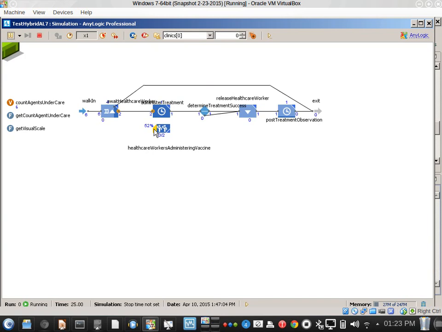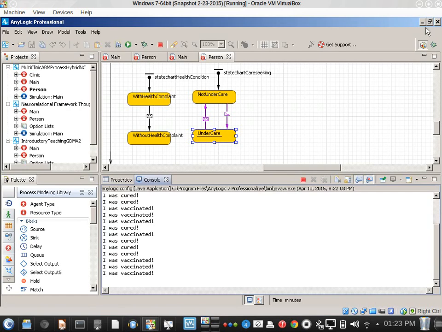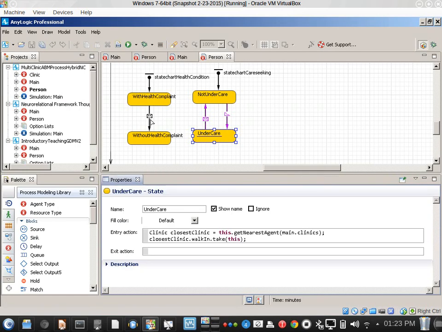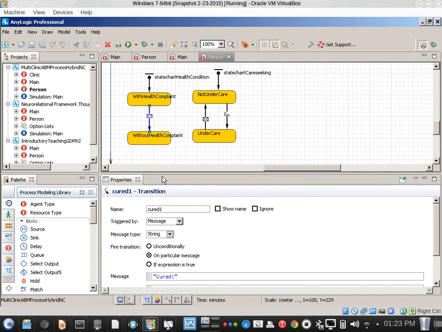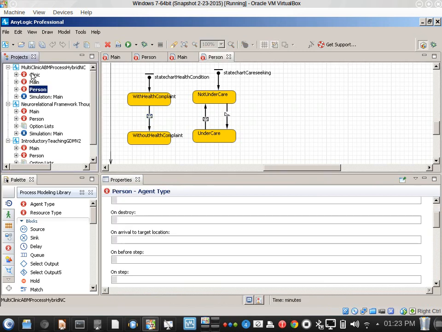There's some indication whether the treatment was successful or not. When you treat people for a condition, you can get them to respond. If it was successful, you tell them, okay, you're cured of your ailment. Otherwise, they stay with their ailment.